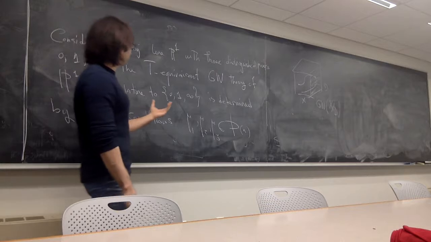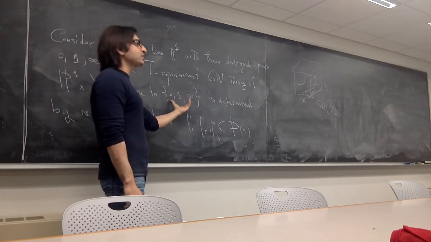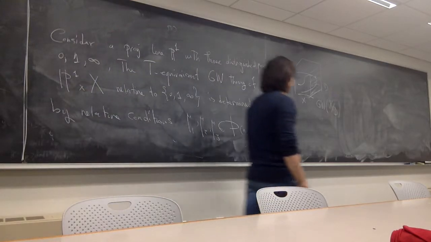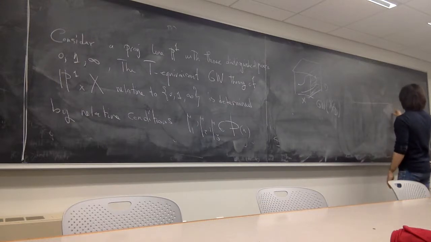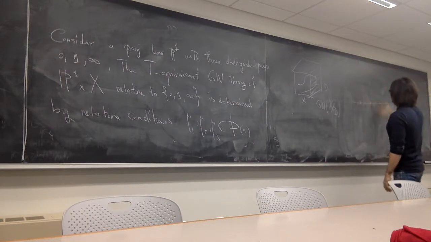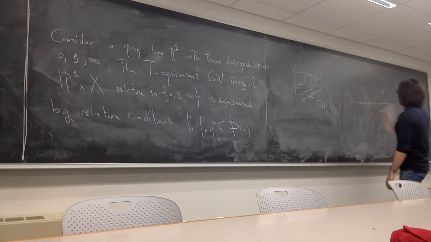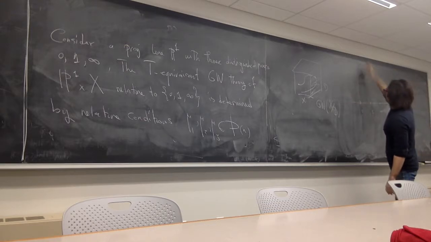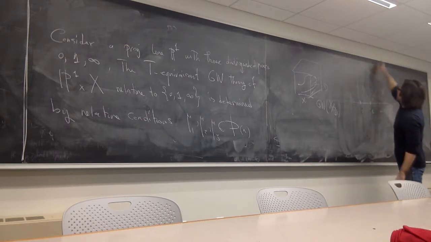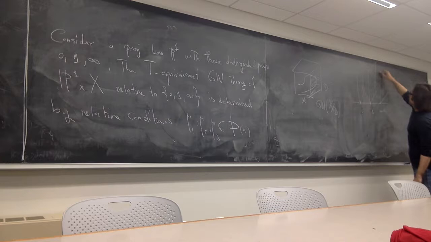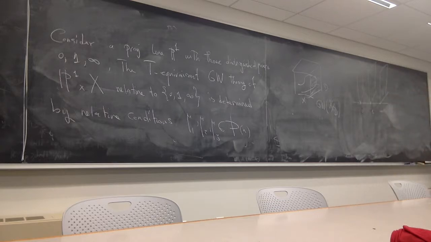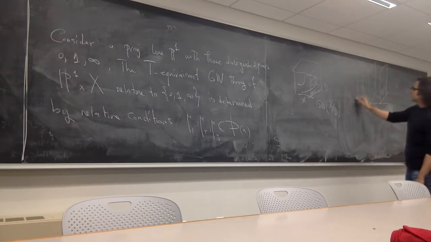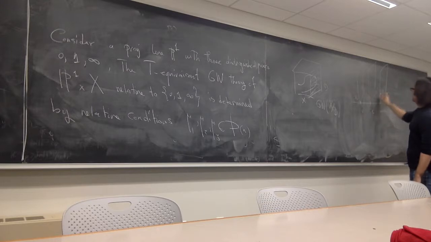Now in this context, your variety is a surface times P1, and we would like to define a notion of relative Gromov-Witten invariants relative to these 3 points. So what that means is that we have the P1, we fix the 3 points, 0, 1, infinity, and we look at the fibers of our threefold over them, like that, and we can call these 3 copies x0, x1, and x infinity.